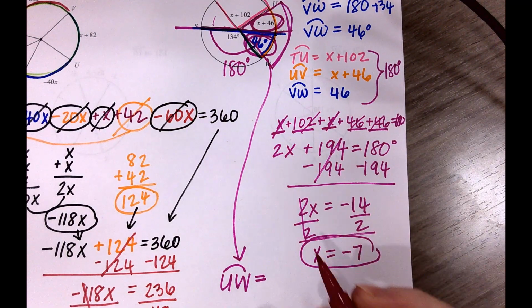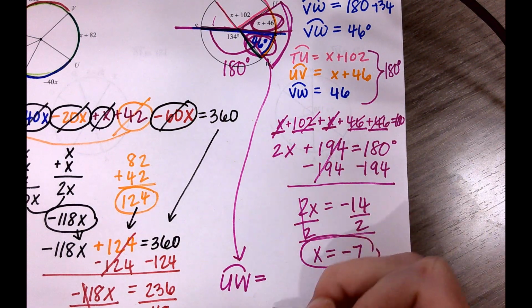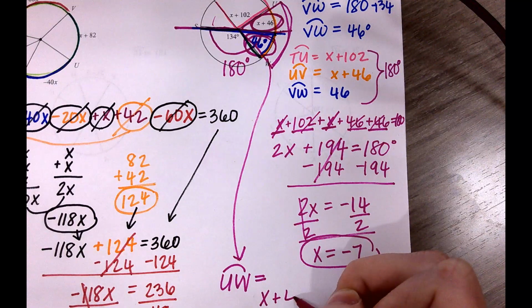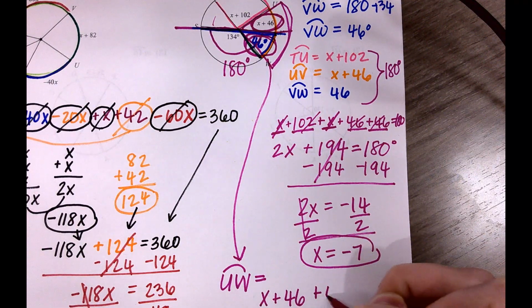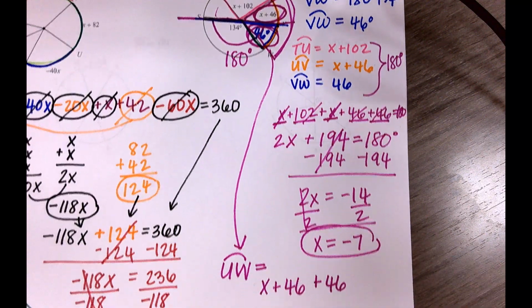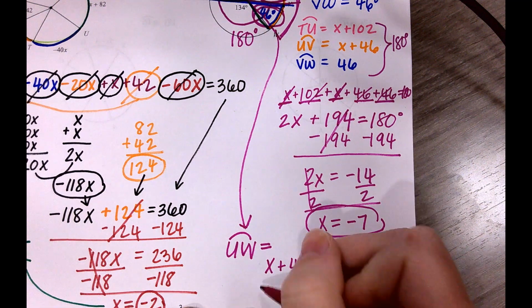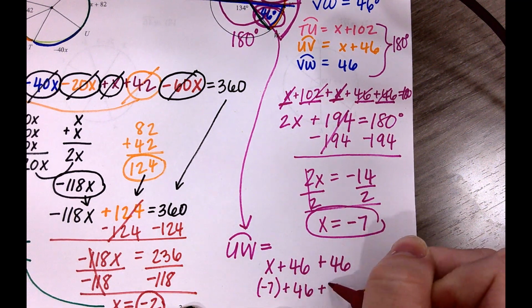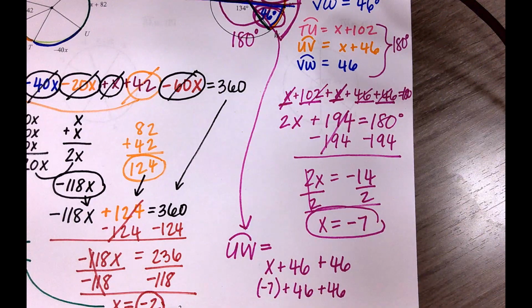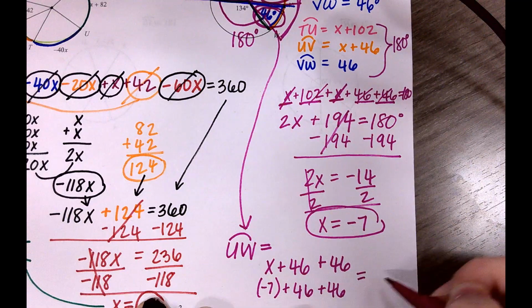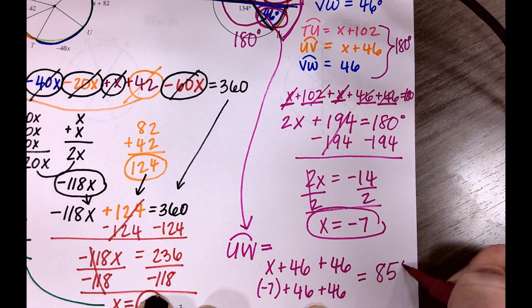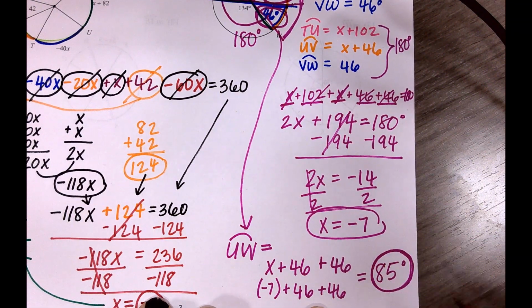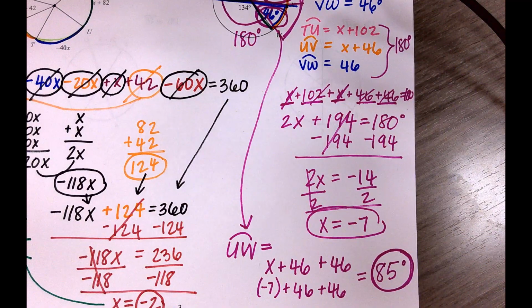Let me write down the equation we're doing. We have x plus 46 plus 46, and x is negative 7. That does in fact give us 85 degrees. And that is our answer.